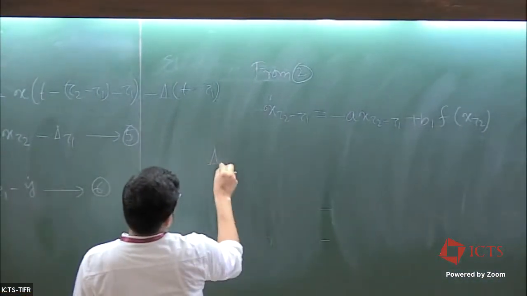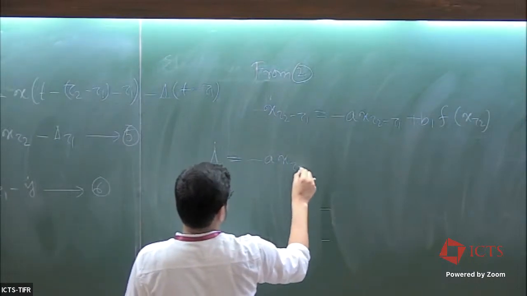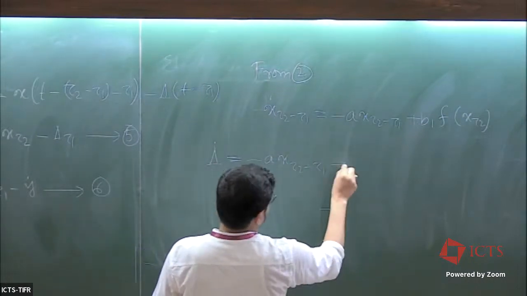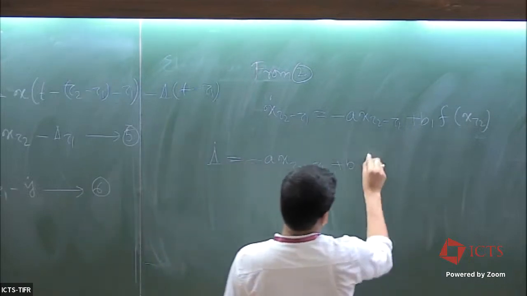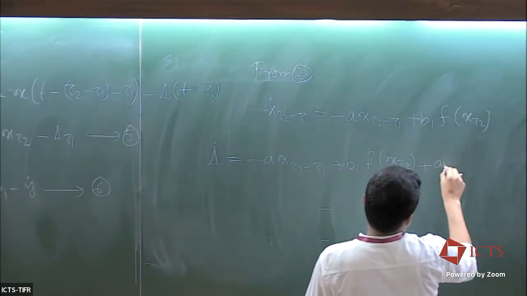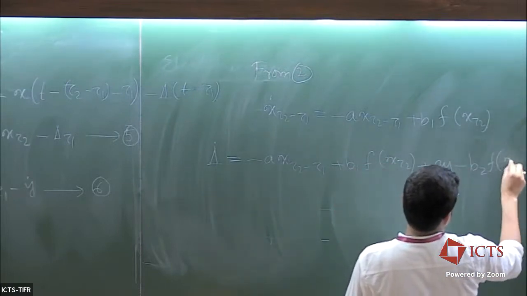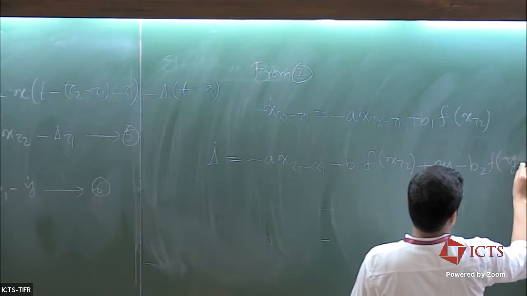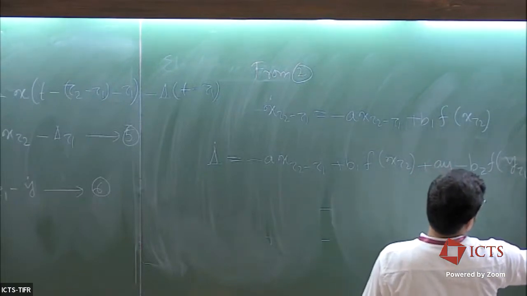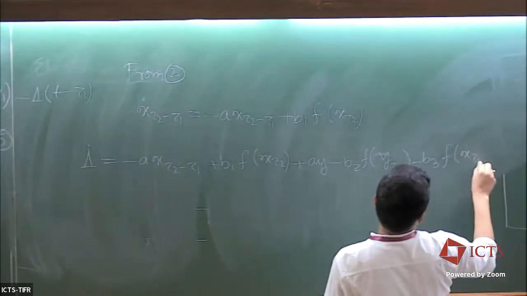And eventually delta dot reads minus a x tau 2 minus tau 1 plus b1 f of x tau 2 plus a y minus b2 f of y tau 1 minus b3 f of x tau 2.